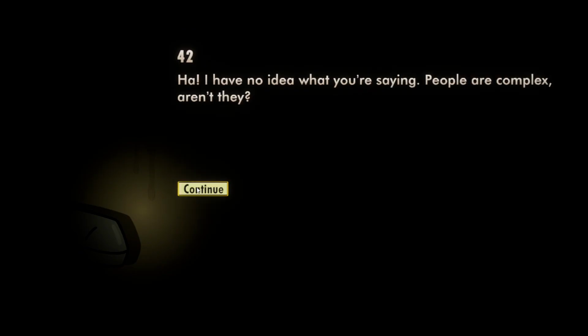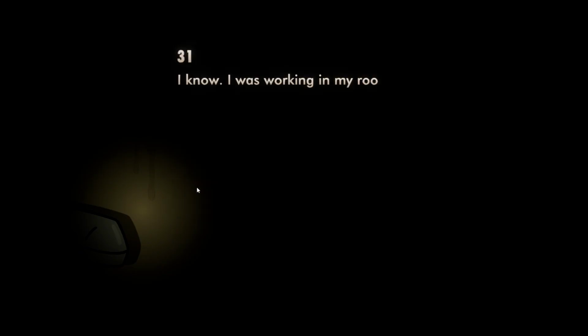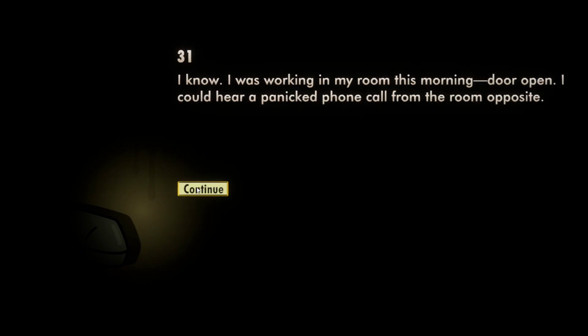I saw him in the corridor 30 minutes ago, bringing in the ambassador's laundry. Light blue suits him. The ambassador likes him, doesn't he? Ha! I have no idea what you're saying. People are complex, aren't they? What? I know. I was working in my room this morning. Door open. I could hear a panicked phone call from the room opposite.